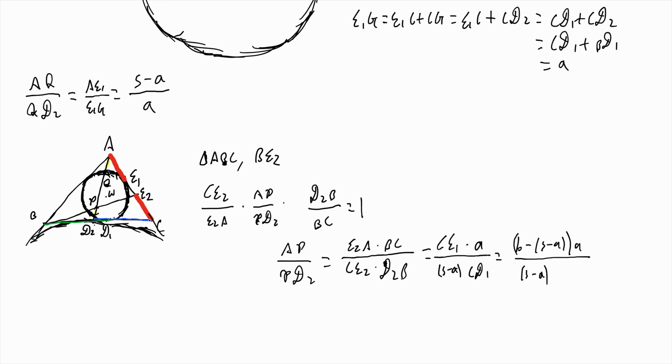What is C D sub 1? So what is this length? It is A minus S minus C. Wait.